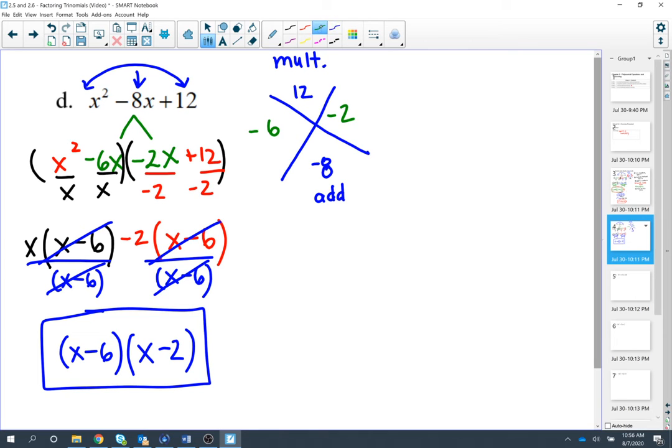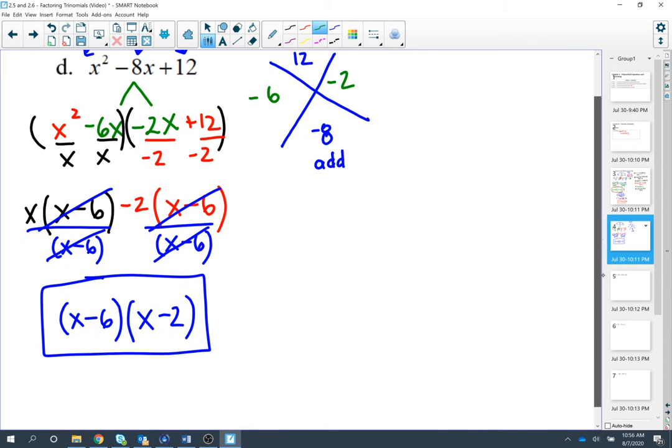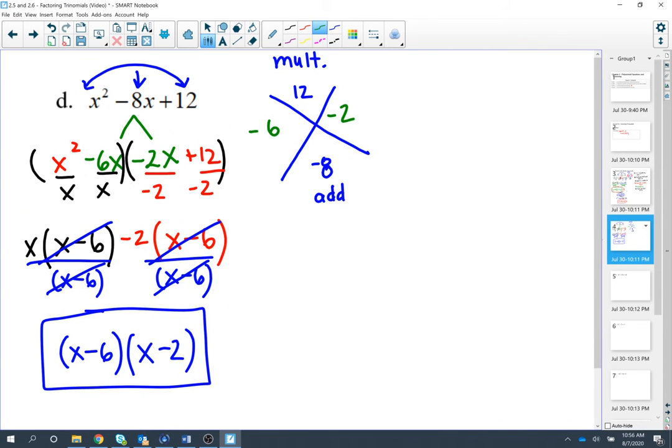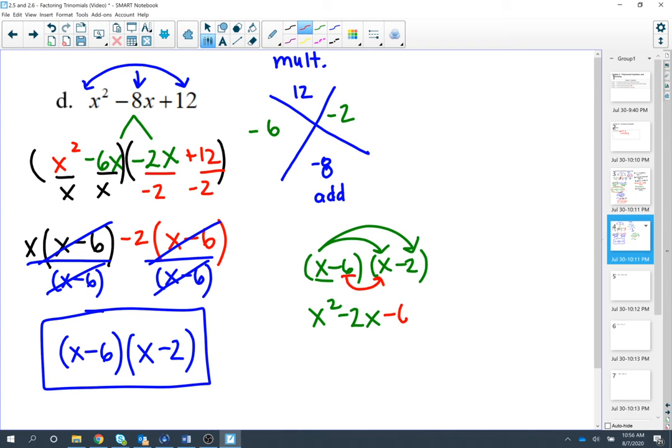Now, this is the last one I'm actually going to check. From here on out, I will let you check them. But if we do check it, we're going to take our x minus 6. We're going to multiply that by our x minus 2. So take your x, distribute it to your x, x squared. Take your x, distribute it to your -2, -2x. Take your -6, distribute it to your x, -6x.